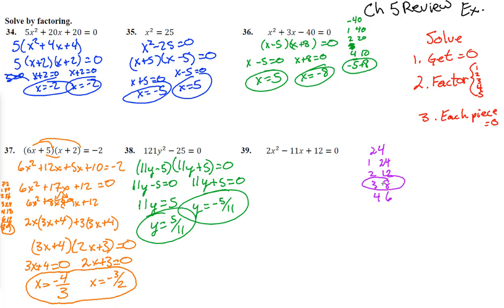It looks like those two. If we have a negative and a negative, let's double check. -3 plus -8 is -11. And -3 times -8 is indeed positive 24. So we get a 2x squared split b -3x -8x and plus 12 equals 0.